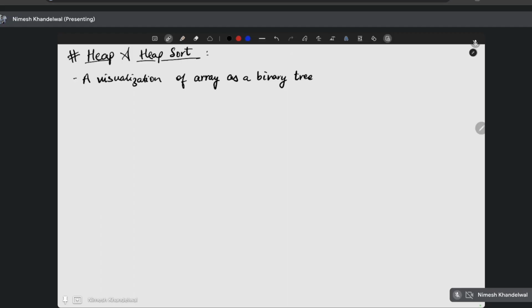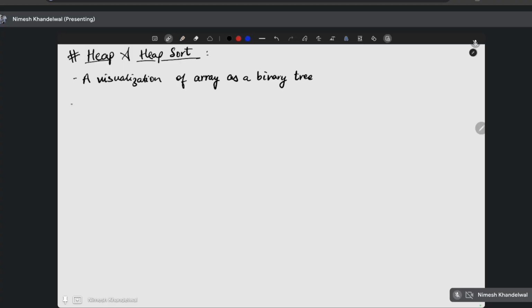So there is no binary tree like that we are constructing in reality. There are no pointers, but we are just visualizing the array and then we are arranging the array in a certain way that follows the properties of the heap that we desire.